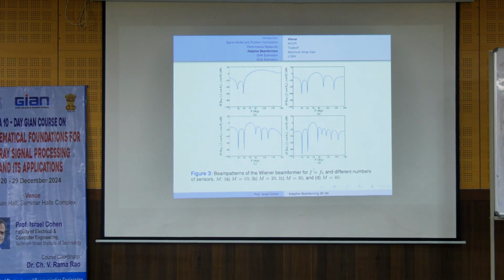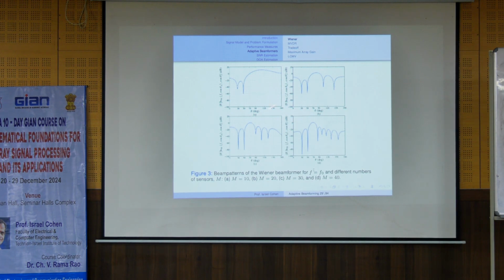And we have two interferences, one from 30 degrees and one from 50 degrees. So we have some kind of low gain, low response to these directions.